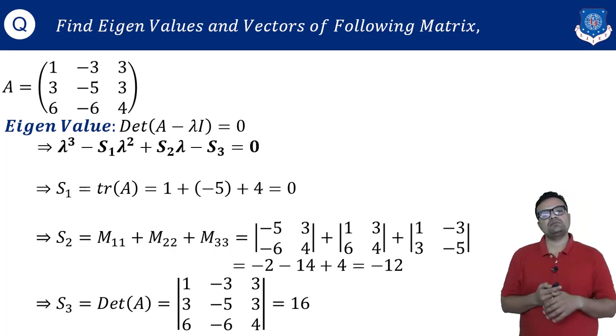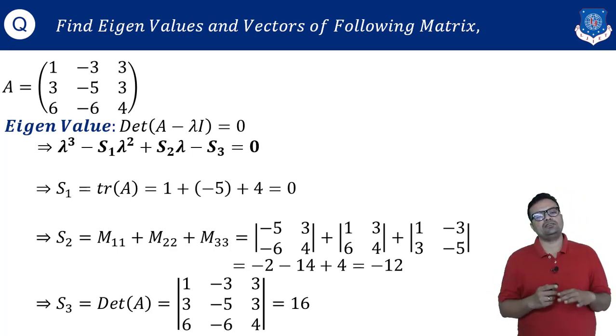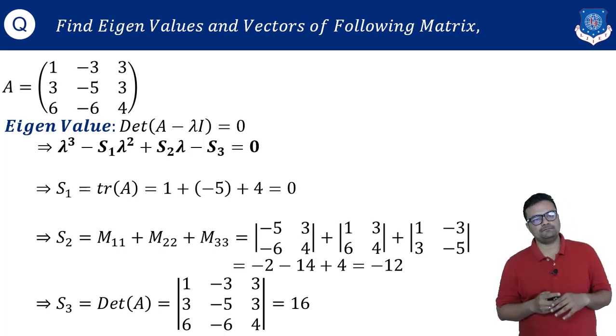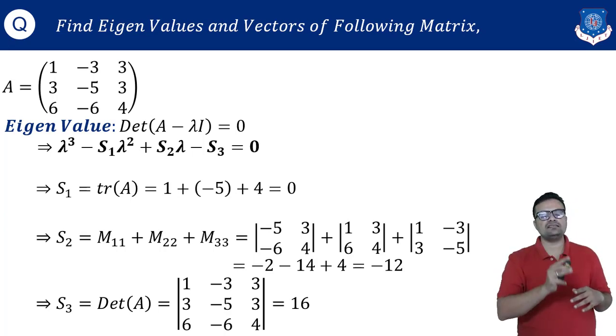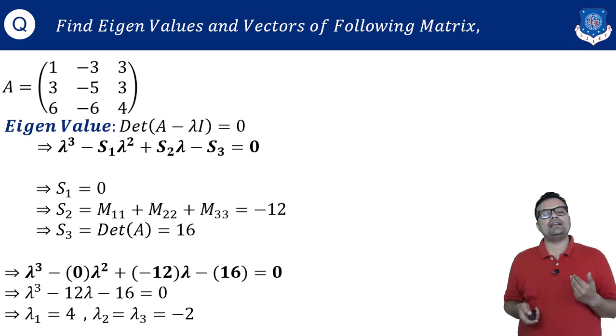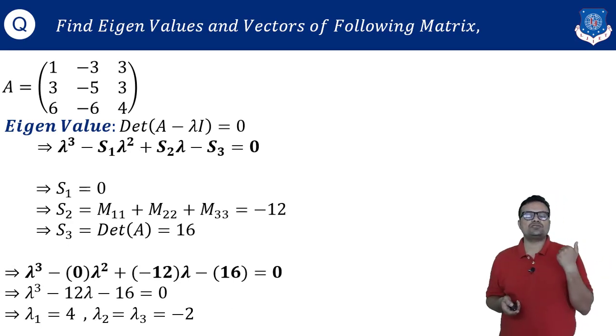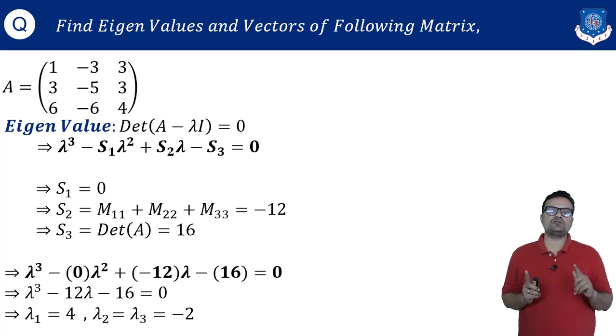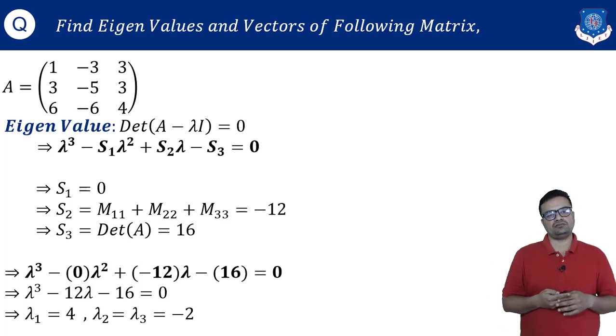Value of S3 is nothing but determinant of the matrix. You take the full matrix, find its determinant, answer would be 16. I'm not going into the detail of finding this determinant value. So now we have all three parameters, S1, S2 and S3. S1 is 0, S2 is minus 12, S3 is 16. Take input of this S1, S2, S3 into our main equation.